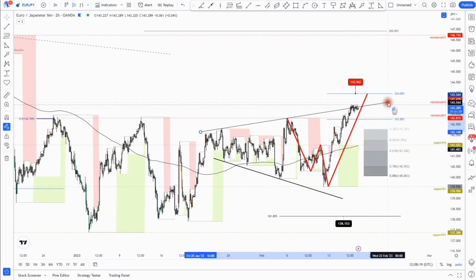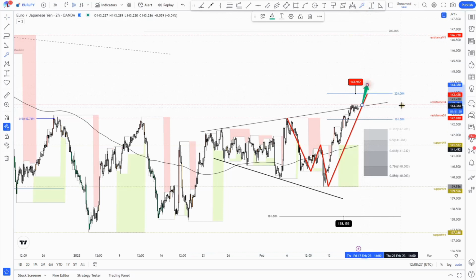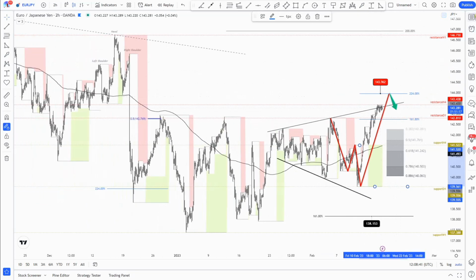So I admit the eventual move above this daily fractal resistance, eventually a few points above the 224% Fibonacci extension, but I want to see a reaction to the downside after completing this sequence for the euro versus the yen. Let's see if the market will be capable of that.